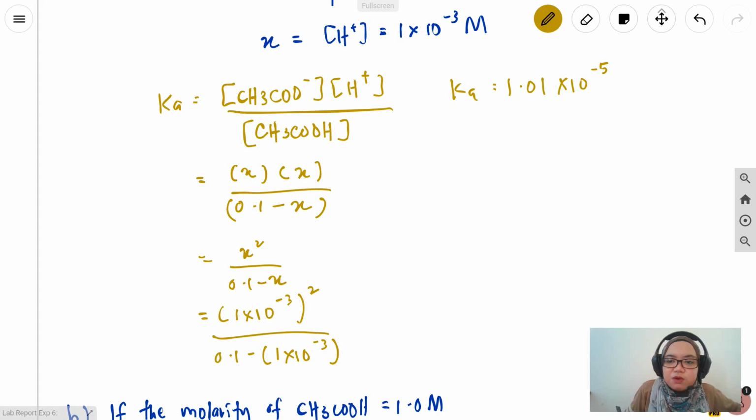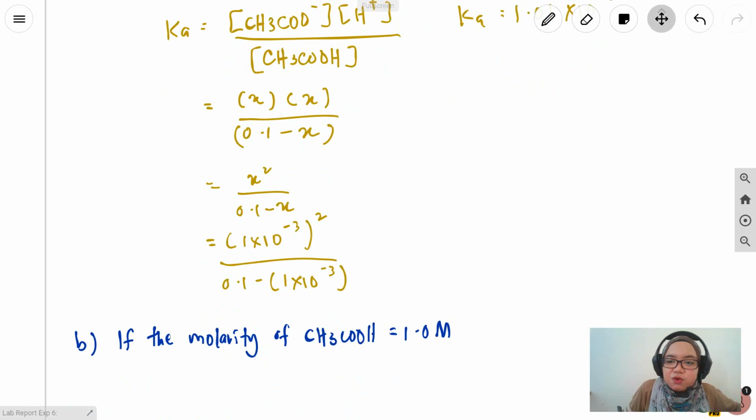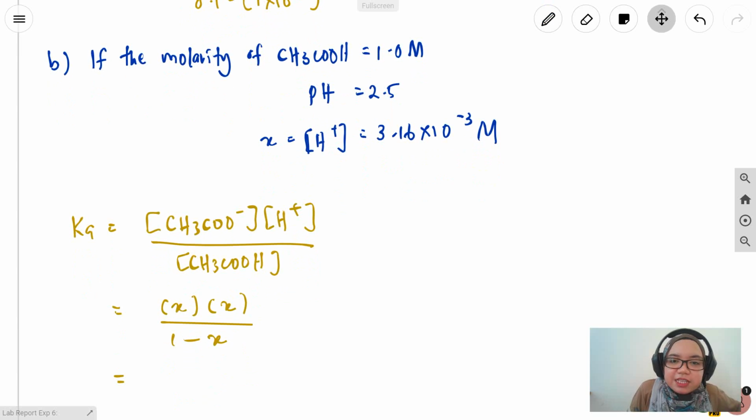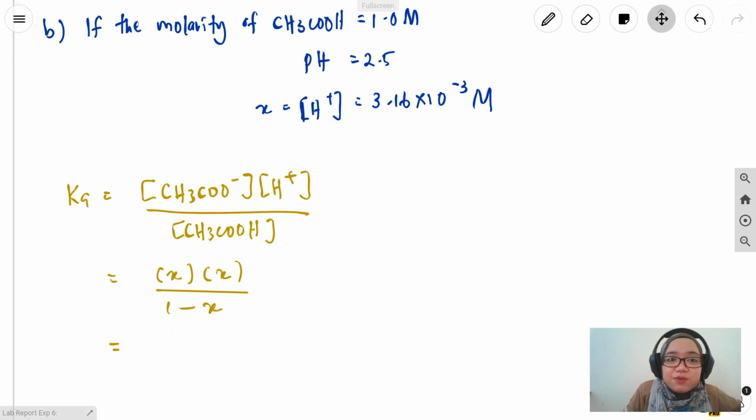Okay, same goes to when the molarity for acetic acid is 1.0. So for B, here, if the molarity of acetic acid is 1.0 molar, we know the pH is equals to 2.5. So from the question 2.1 just now, the concentration of H plus is equals to 3.16 times 10 to the power of negative 3 molar, which is equals to X. So, to find Ka, sama juga macam step A tadi, dekat soalan A tadi.